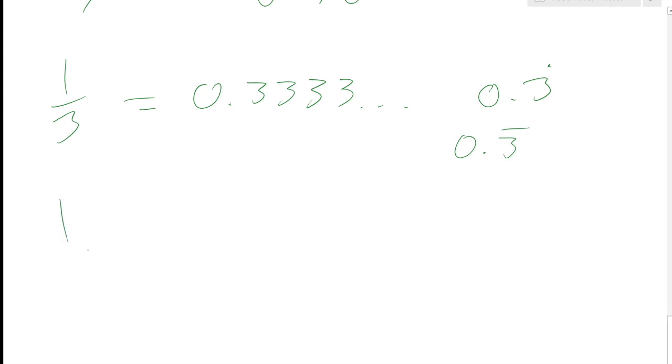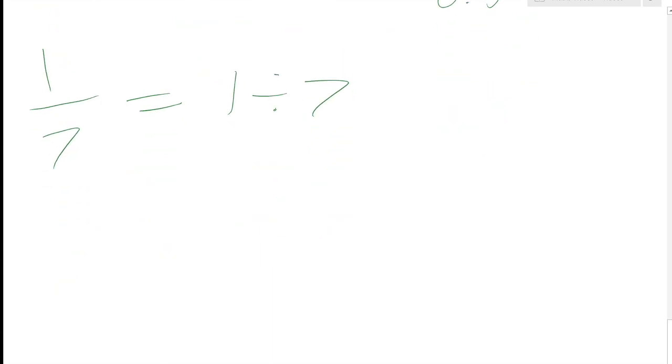1 over 7 equals 1 divided by 7. That's just the definition of the fraction. And then we write this as a long division. Except obviously we can't just do 1 divided by 7 like this, so we add in some zeros.